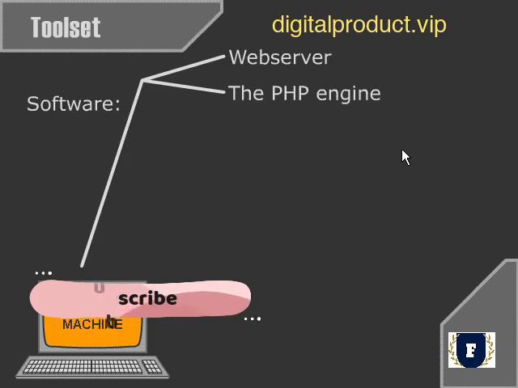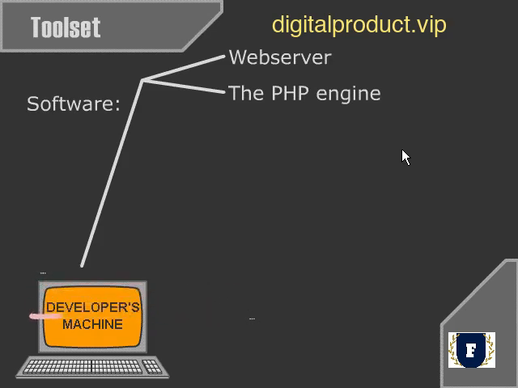The PHP engine is the next thing that you're going to need to be running on your machine, and this is available from the PHP website, php.net, and this is available in different flavors depending on how comfortable you are with compiling or installing. You can download the source code if you want to compile it yourself.